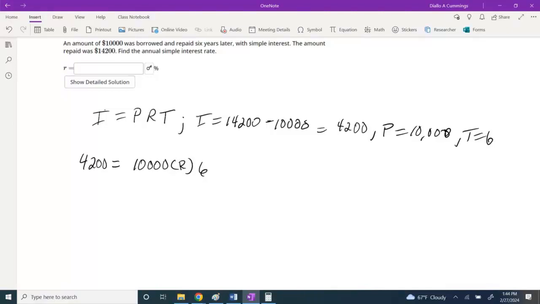I don't have any fractions, but I do have parentheses, and parentheses mean to multiply. So I'm going to simplify the right-hand side. I have 4,200 is equal to 60,000 times R.